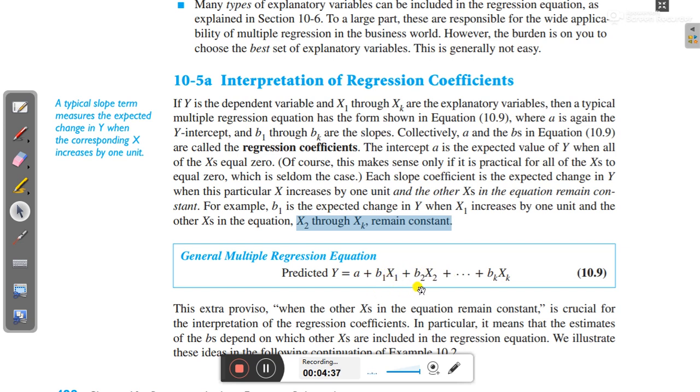Similarly for x2, if you increase the value of x2 in the equation, the other variables x1, x3 up to xk remain constant, but the increase of x1 or x2 will have its impact on y, because b1 is the expected change in y.